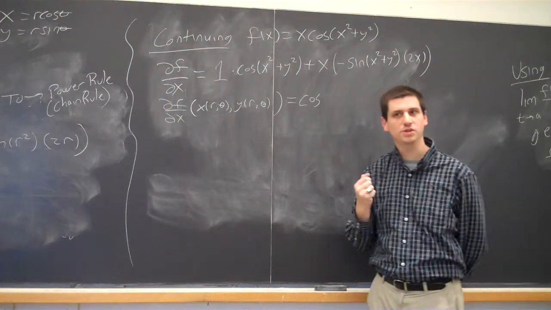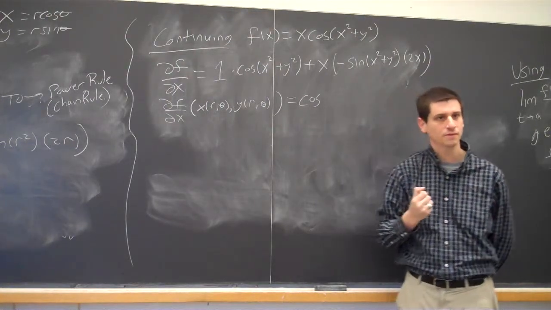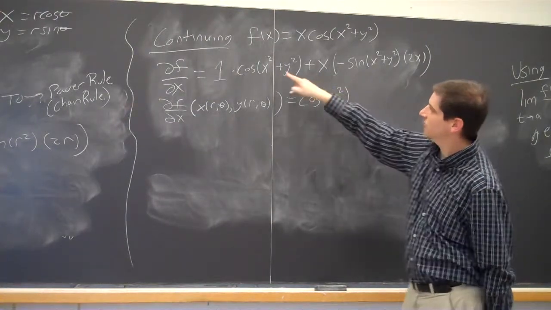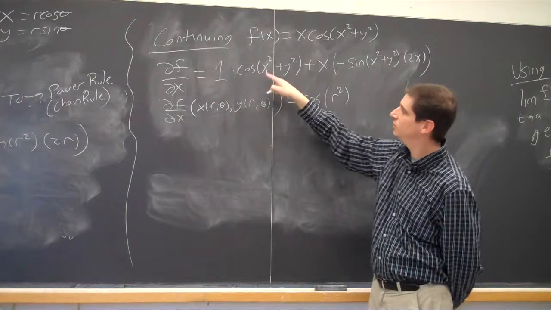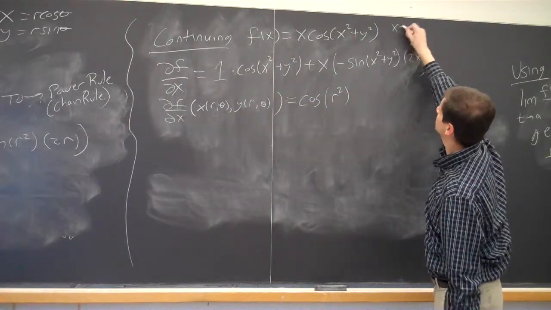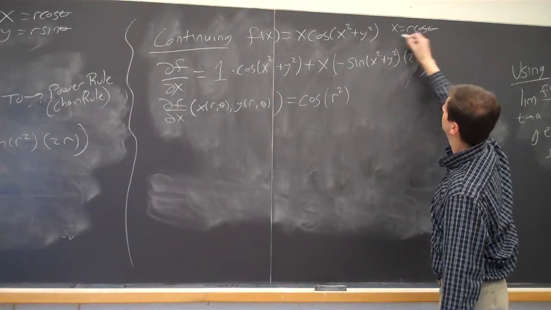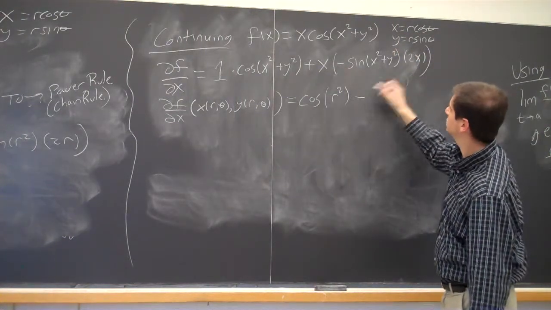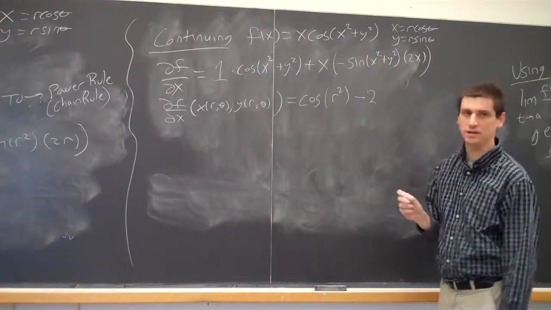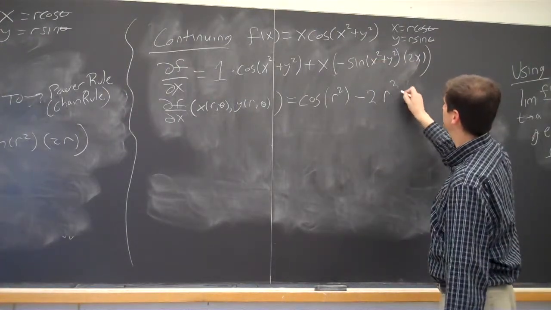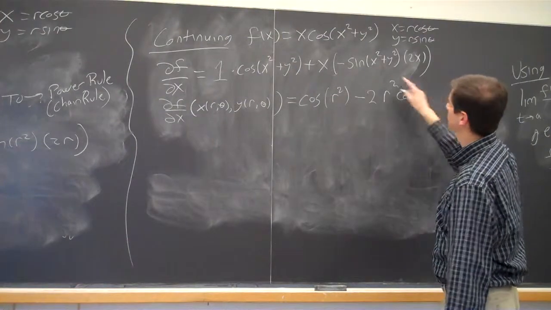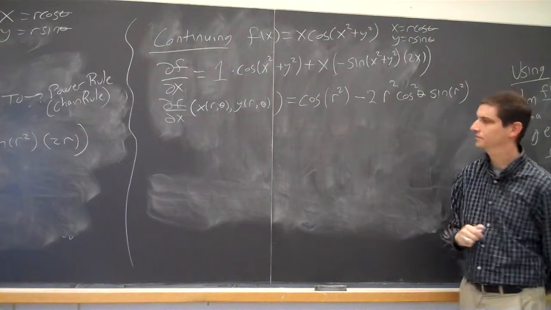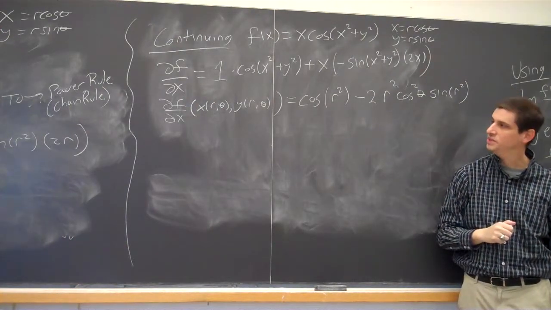R squared cosine squared plus r squared sine squared. R squared, right? Because I'm now just replacing x with r cosine theta, y with r sine theta. So x is r cosine theta, y is r sine theta. Now I have minus 2x squared, so that'll be an r squared cosine squared theta, and now I have a sine of r squared. So that's going to be df dx.